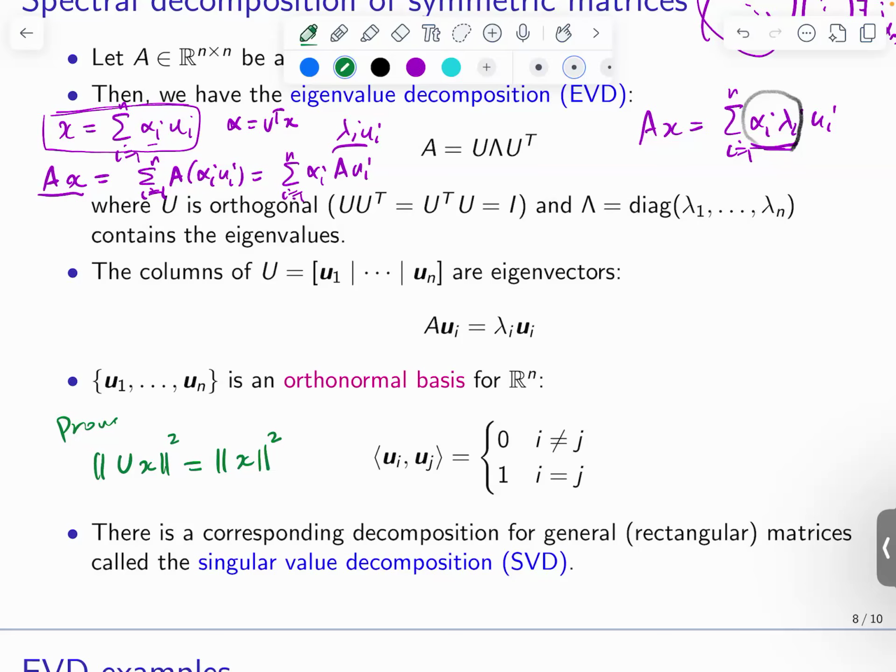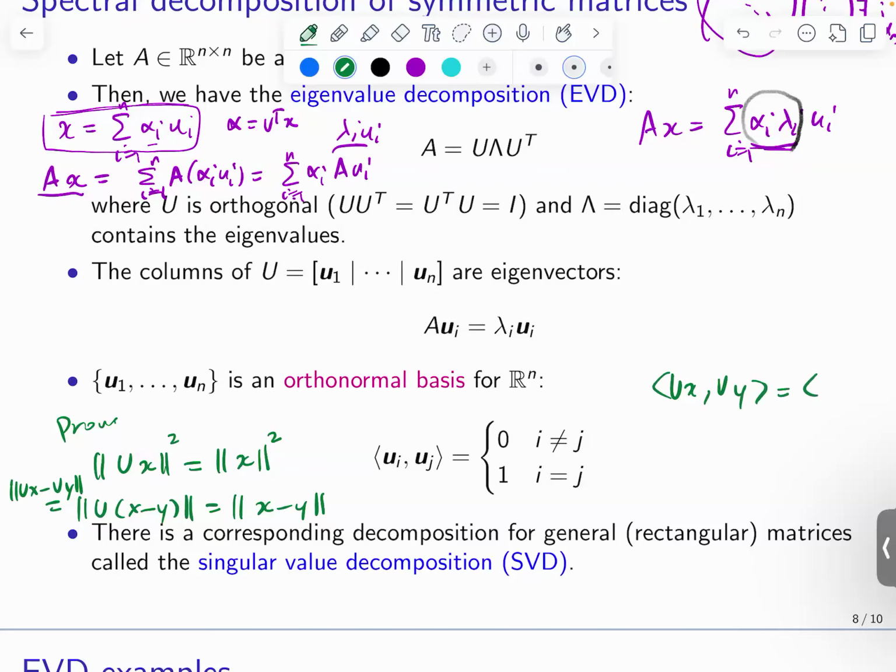So then they leave the distance the same. Because if this is true, then the norm of U times (X minus Y) is the same as the norm of X minus Y, and this is really the norm of Ux minus Uy. So if you apply U to two vectors, the distances remain the same. And because the norm remains the same, you can write the inner product in terms of the norm using what is called the polarization identity, so the inner product is the same for Ux and Uy.